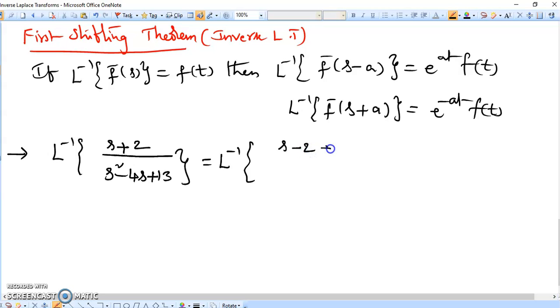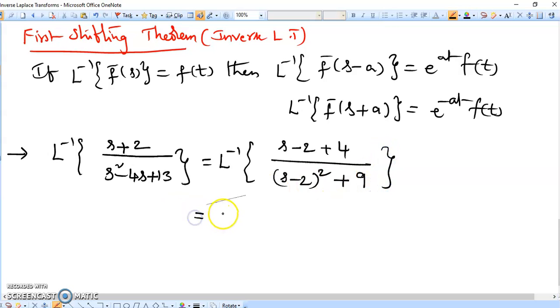So this can be written as s minus 2 plus 4 in the numerator, and in the denominator, as I observe s square minus 4s, I can write this in the form of a minus b whole square. So this will be s minus 2 whole square. Okay, and s minus 2 whole square gives s square minus 4s plus 4, and I need 13, so I'll add 9. Okay, which is sufficient for the denominator.